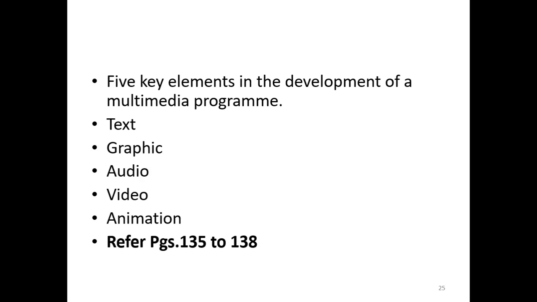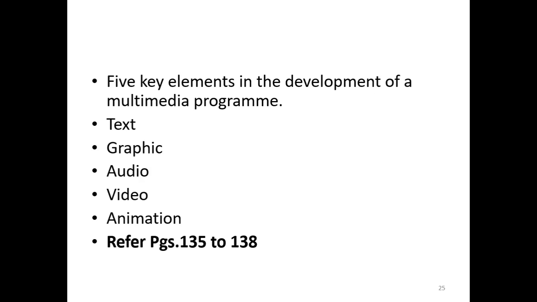Then we have 5 elements in the development of a multimedia program. These elements are detailed on pages 135 to 138 in your module. So what are the elements? We have text, graphics, audio, video and animation.